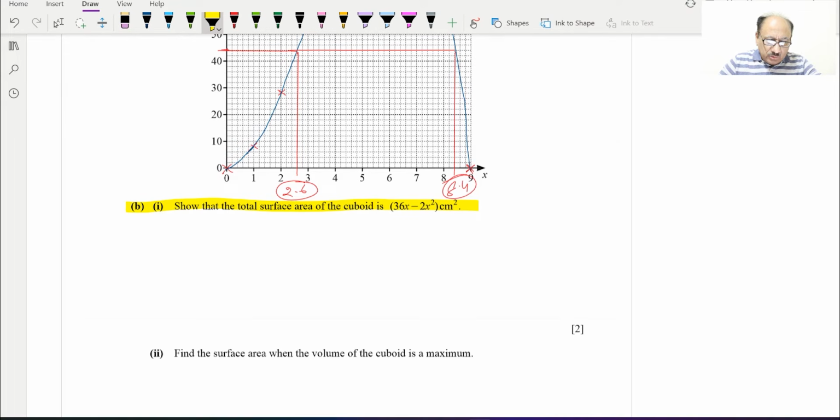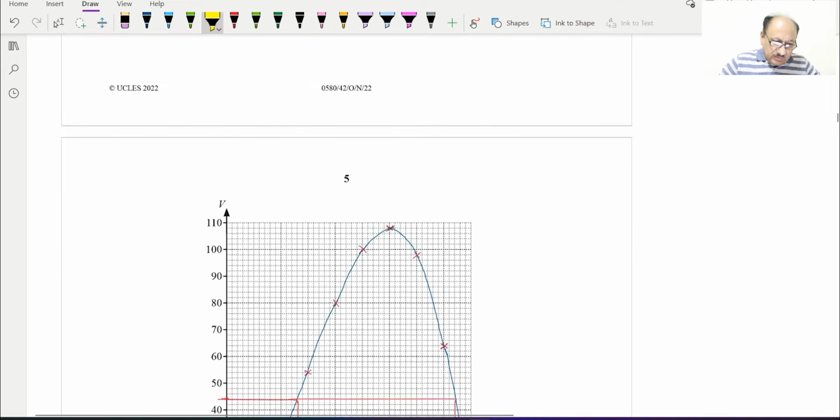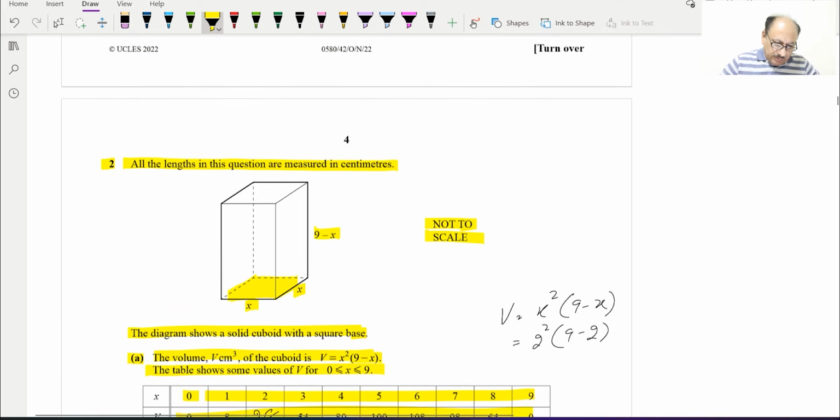36x minus 2x square centimeter squared. So we can check this cuboid. Surface area will be what? There will be 4 sides which we can figure out.